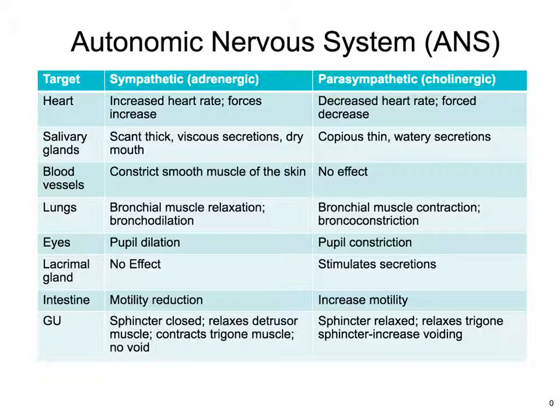This brief overview talks about the sympathetic and the parasympathetic nervous system, ANS, and their targets. For example, if the target is the heart, the sympathetic nervous system, which is the adrenergic, is going to increase the heart rate and force of contractility. And then you have the parasympathetic, which is the cholinergic. This is going to do the opposite. It's going to decrease the heart rate and decrease the force of contractility. So you guys can look through that at your leisure.